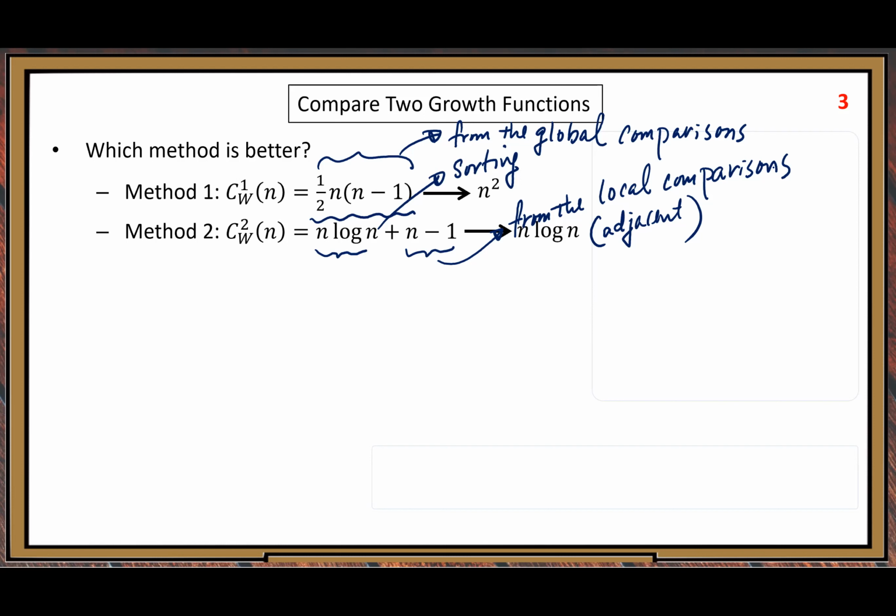You may ask me why I use log n. Because here, what's the meaning of that? What is the log base you use here? When you talk about a logarithm function, you need to give the log base, right? In math, it's very common to use log base 10, because we use the decimal system.